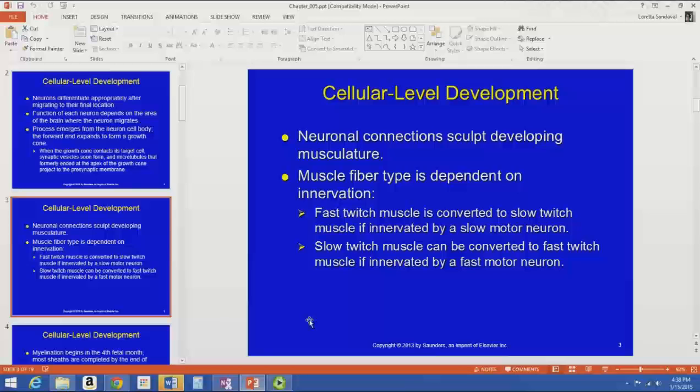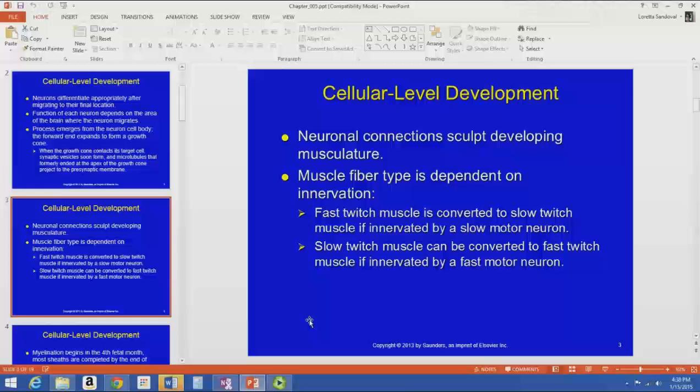So muscle fiber type, I know you've probably talked about this in A&P, or if you've had any kinesiology classes, the fast twitch and slow twitch muscles, which we'll revisit a little bit in the motor nerve chapter. But the muscle fiber type is dependent on its innervation. So what will ultimately become fast twitch muscle is converted to slow twitch muscle if it gets innervated by a slow motor neuron.